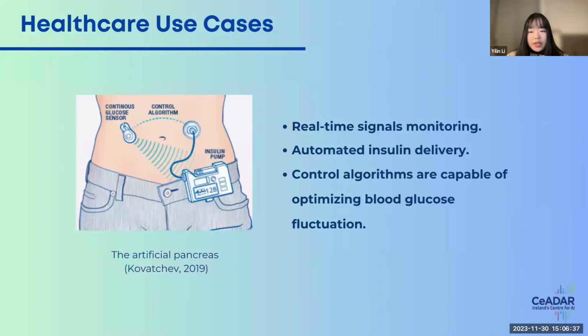The model simulates the action of the human metabolic system and uses readily available real-time signals, like continuous glucose monitoring, to automate insulin delivery, with a control algorithm that optimizes blood glucose in the patient's natural environment.